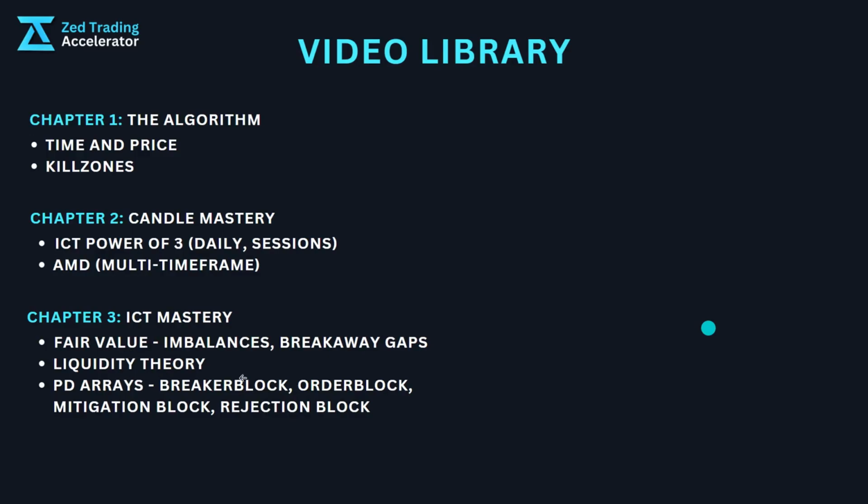All of these concepts are the foundations that we are going to use in our setup, the profitable proven framework. So the fair value gaps, imbalances, how we can use fair value gaps and imbalances. Also, this breakaway gap, this is very, very powerful. Breakaway gaps are fair value gaps that we don't expect price to go back into.